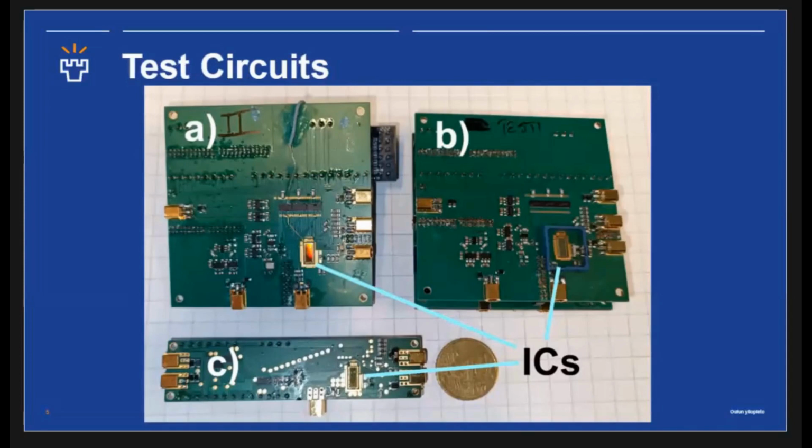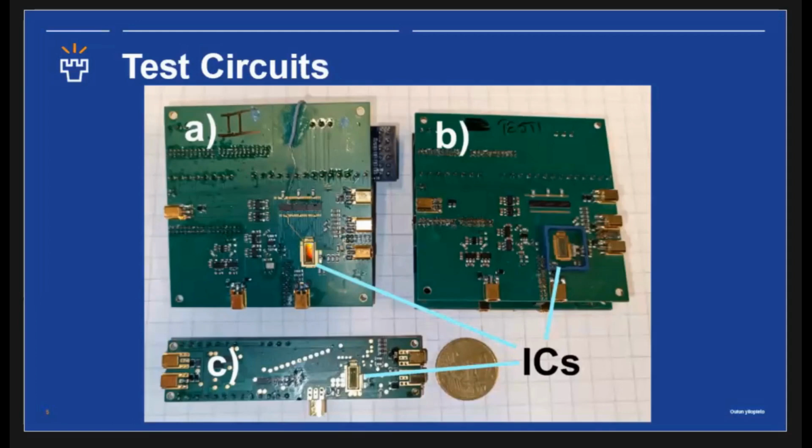Here we can see 3 different test circuits. Test circuit A is used in all measurements, and the FPGA can also be seen behind it. Its dimensions are 6 by 6 square centimeters, and the chip dimensions are 6 by 2.4 square millimeters.